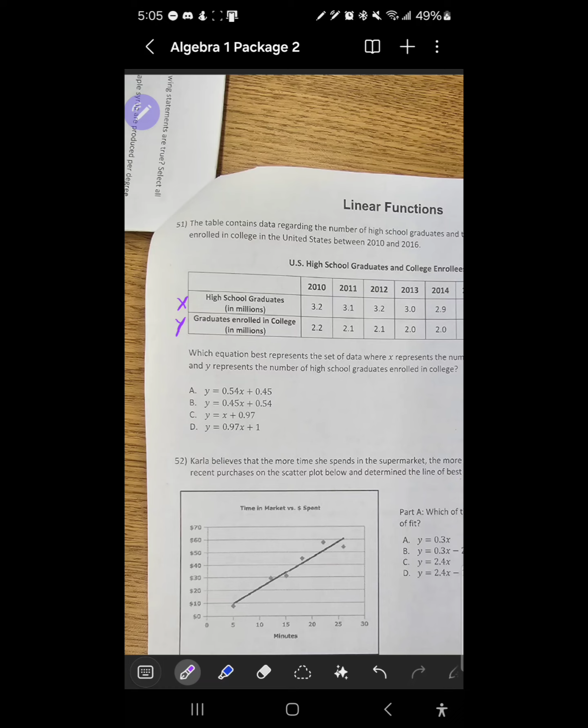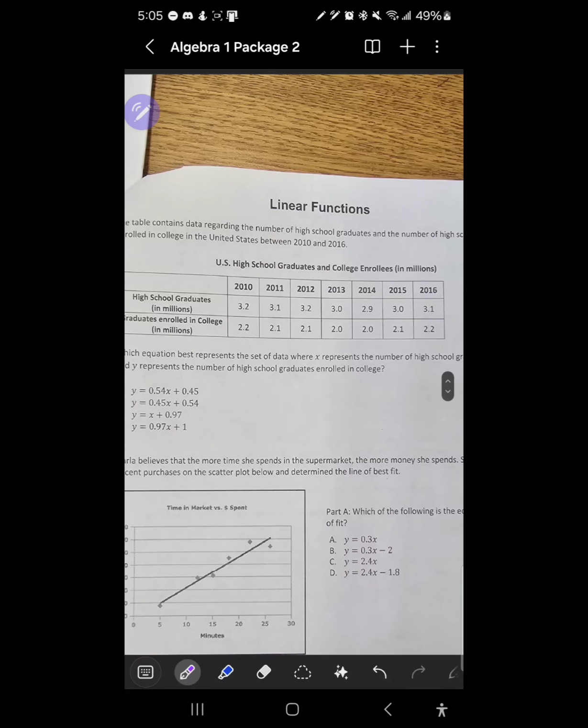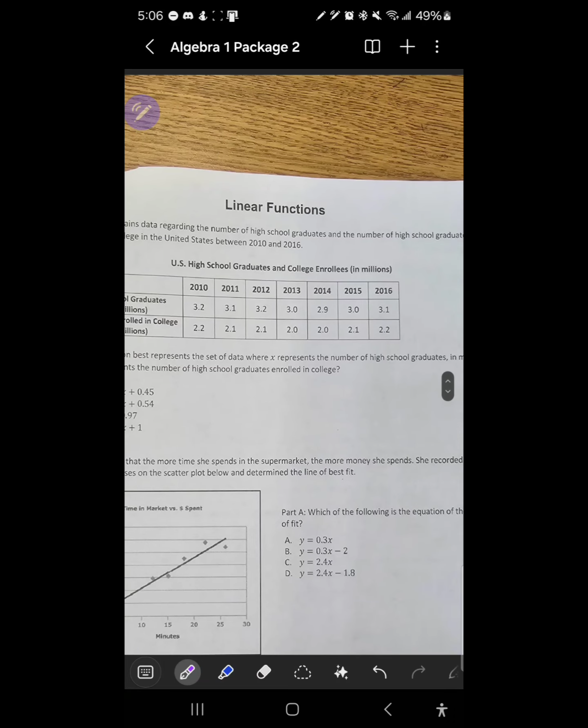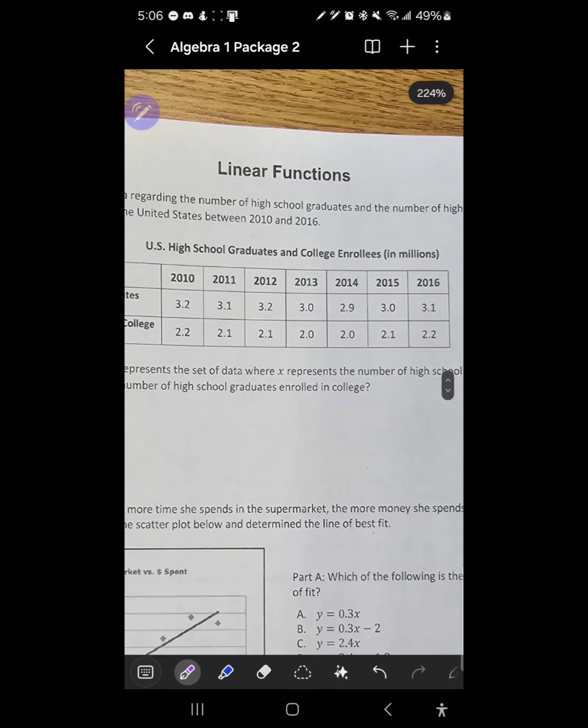Now, what I can see here side by side is that there's always about 1 million more high school graduates than high school graduates that go to college.